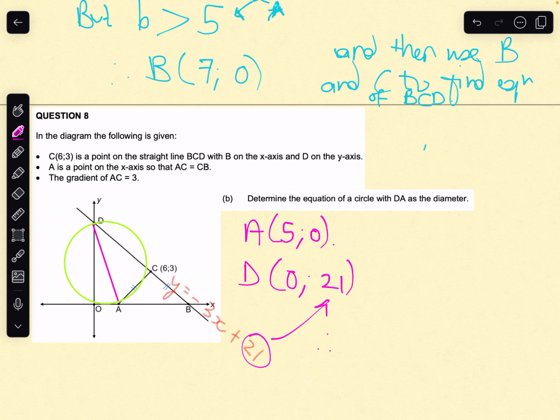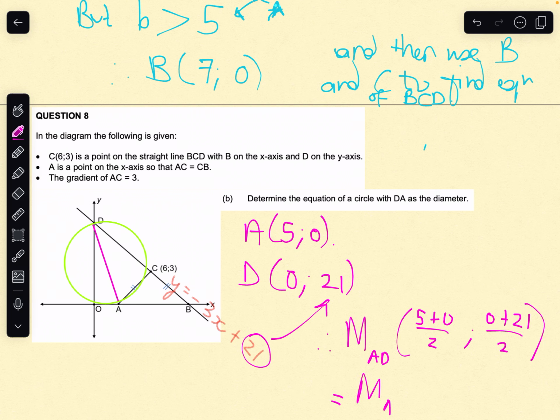Therefore the midpoint of A and D will be given by 5 plus 0 over 2 and 0 plus 21 over 2. Weird numbers. So the midpoint of AD will then be 5 over 2 and 21 over 2. So that's the first thing.